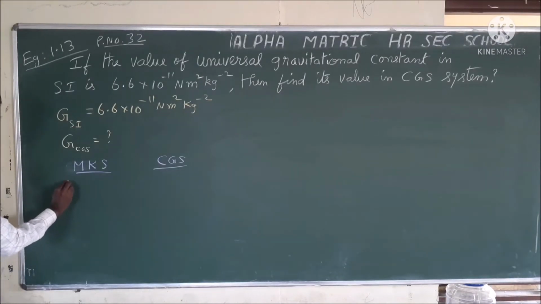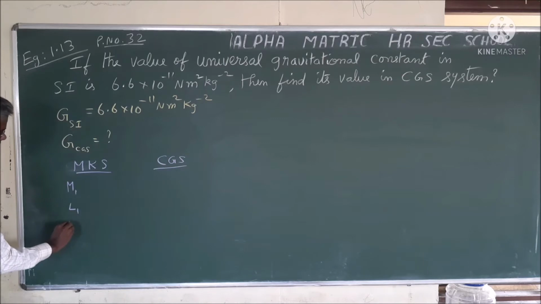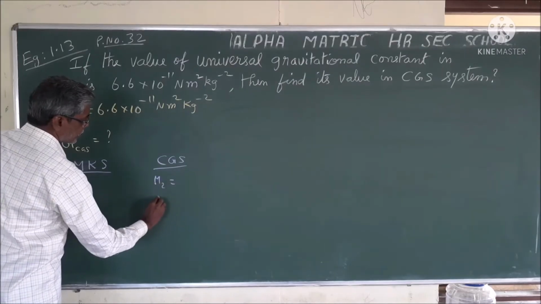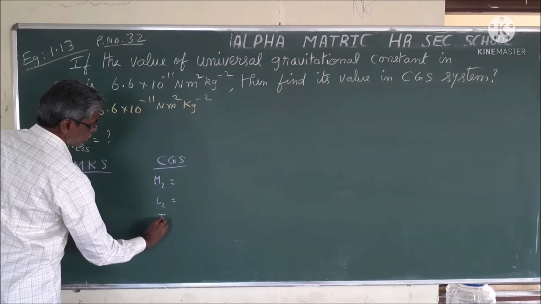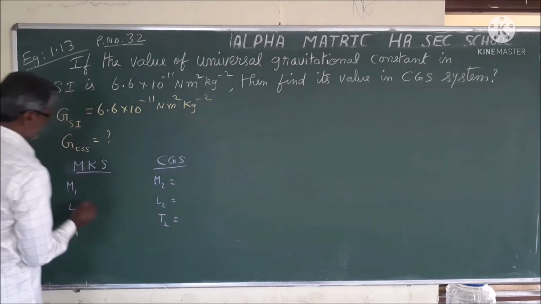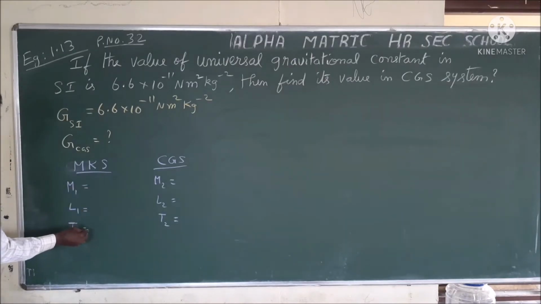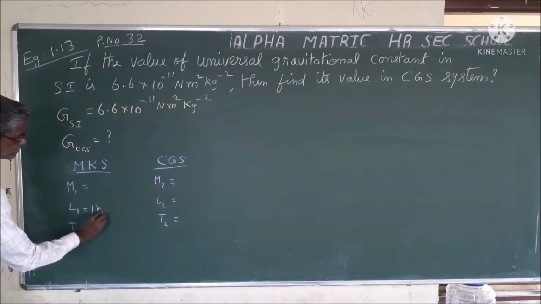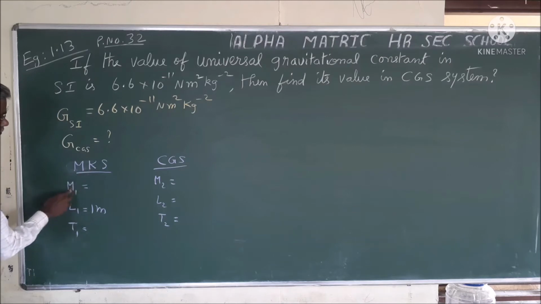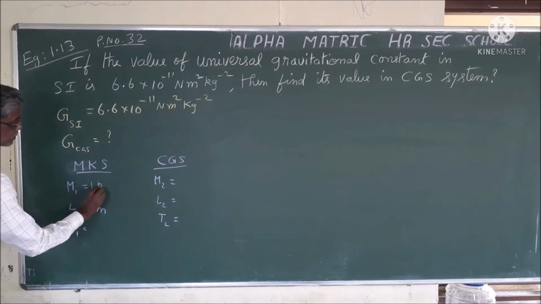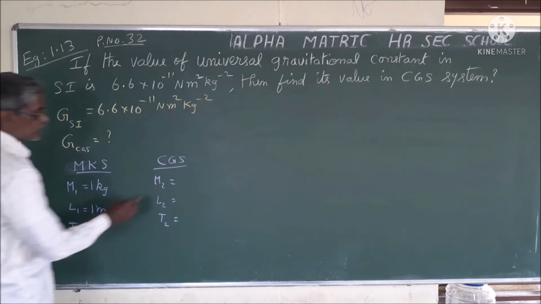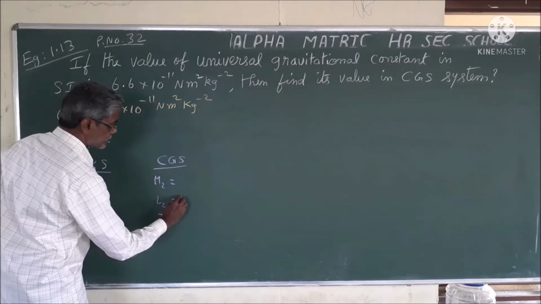So M1, L1, T1, M2, L2, T2. M, what? Meter. K, kilogram, mass. S, second, that is time. Here, C, centimeter, length.